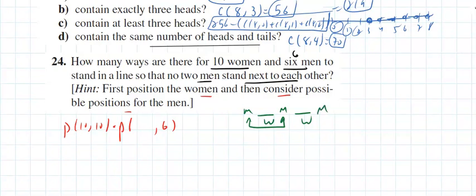So keep in mind, for the first position of a woman, I add an extra position for the men to stand on either side. So if there are 2 women, there are 3. If there are 3 women, there are 4 positions in which men could stand. And if there are 10 positions for women to stand, then around them there should be 11 spots I could choose from to put men in. And this number turns out to be massive.